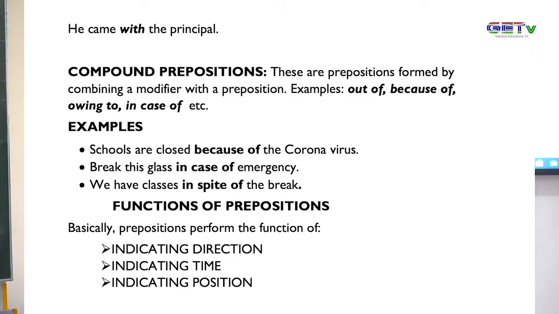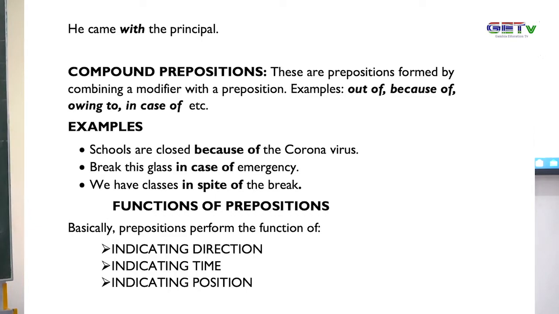Example, out of, because of, owing to, in case of, etc. So when you say compound preposition, it's a combination of two or more words acting as a preposition. So they are opposite to simple because they don't act as individual words, but a group of words acting as a unit. So let's look at examples of compound prepositions in structures.